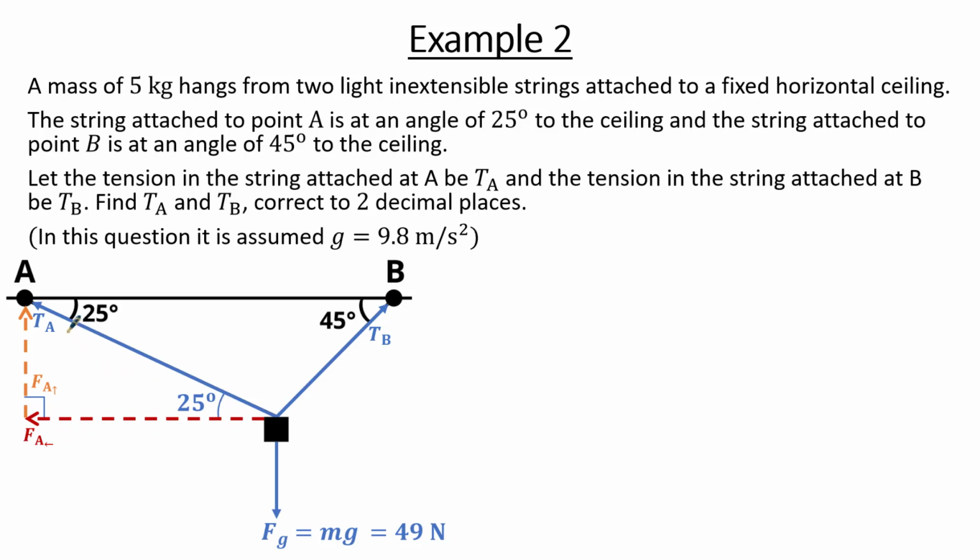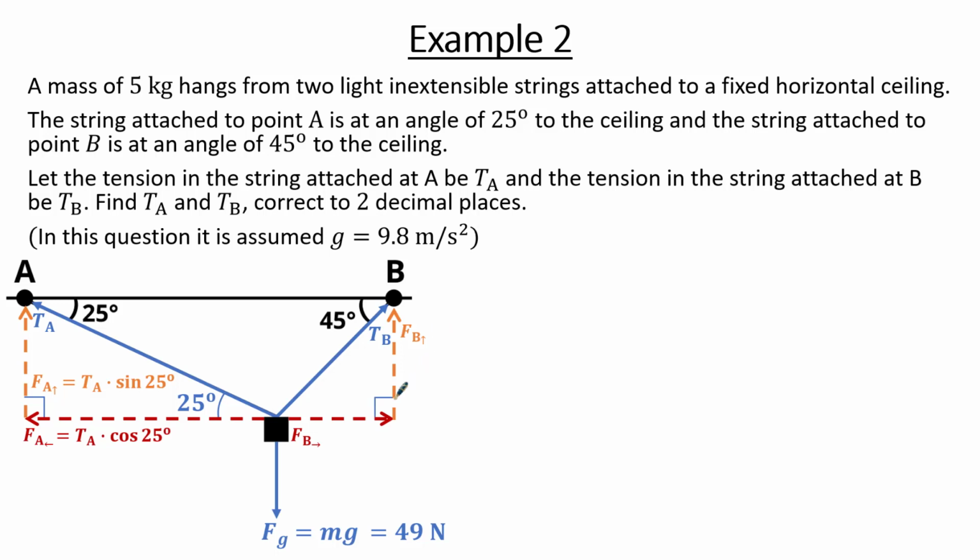The resultant is the tension in string A, TA. So the horizontal component then equals TA multiplied by cos 25, and therefore the vertical component equals TA multiplied by sine 25. Doing the same to tension in string B, here is the horizontal component going to the right, and this vertical component going up.